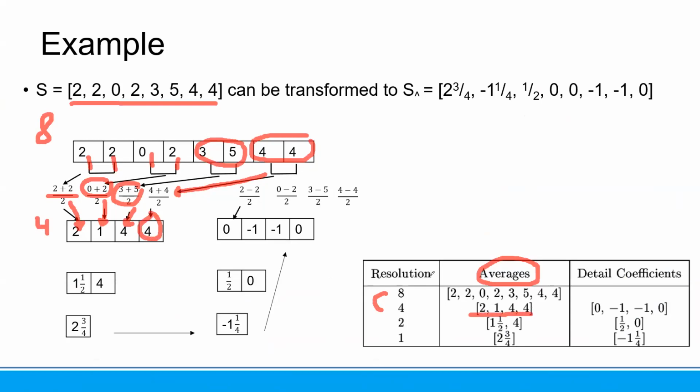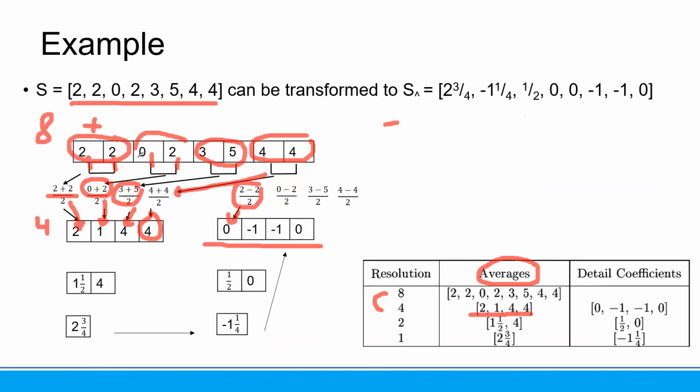Now, how can I get the detail coefficient? If we use the plus for the averages, for the detail coefficient, we use minus. 2 minus 2 divided by 2, so the result will be here.